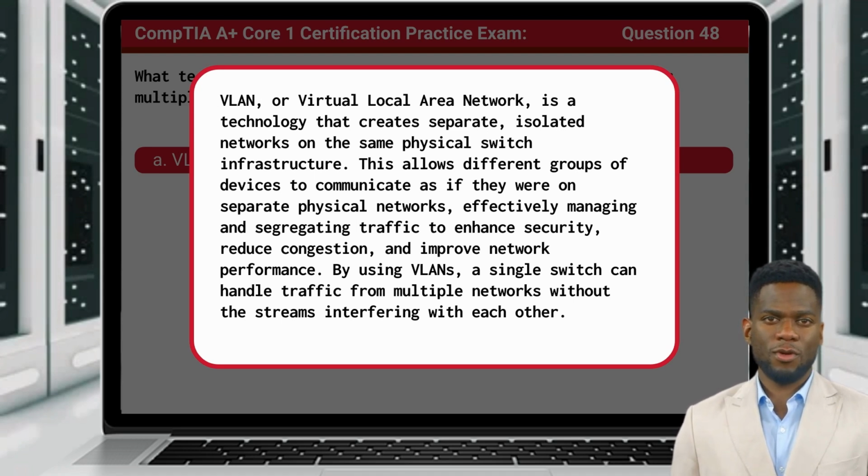This allows different groups of devices to communicate as if they were on separate physical networks, effectively managing and segregating traffic to enhance security, reduce congestion, and improve network performance. By using VLANs, a single switch can handle traffic from multiple networks without the streams interfering with each other.